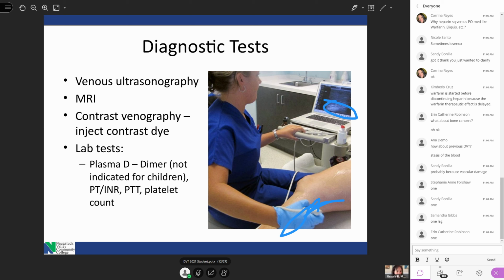There are lab tests that we also can do. The lab test is a plasma D-dimer. We don't do it for children. A D-dimer is a type of protein that is produced by the blood clot. So if the blood work comes back where the D-dimer plasma level is elevated, that can be an indication for a clot.